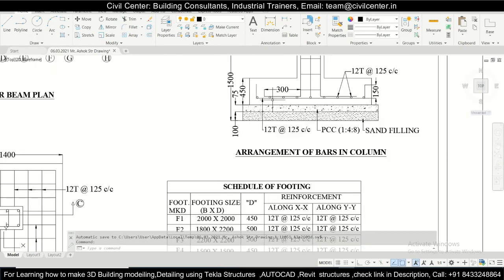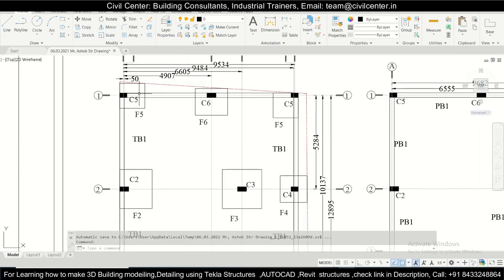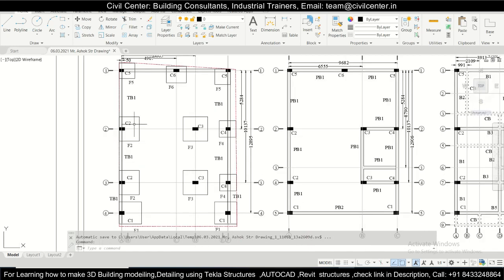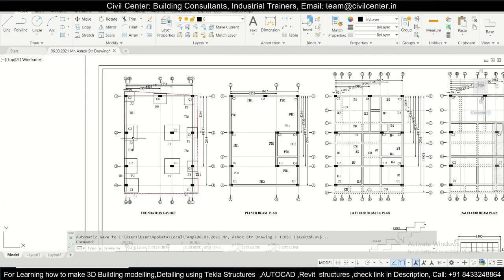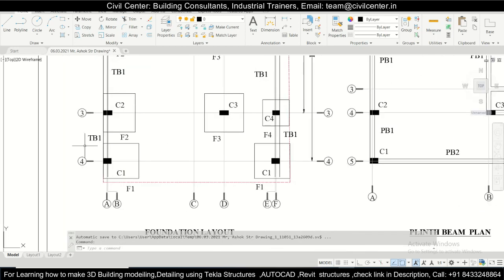After that 75 mm of PCC or plain cement concrete, and after that the column positioning was done. After that the reinforcement binding of the footings as well as the columns was carried out.